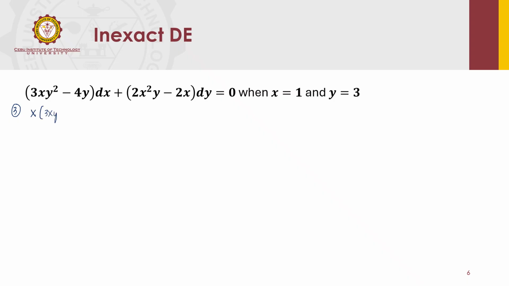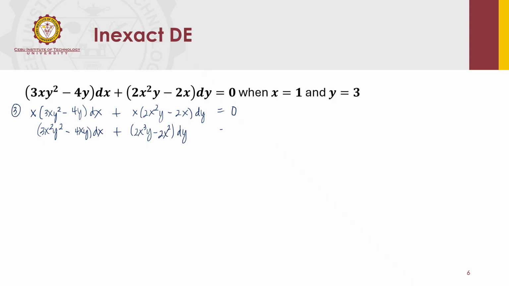We're going to multiply each term here by x. And for the second term, the dy term, it should also be multiplied by x. And the right side is still 0. We're going to distribute, so it's 3x squared y squared minus 4xy dx, and then we have 2x cubed y minus 2x squared dy term equals 0.